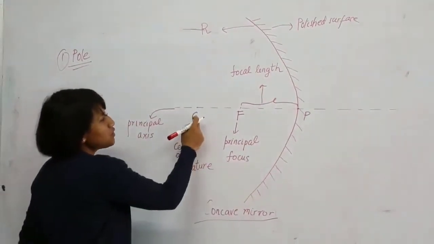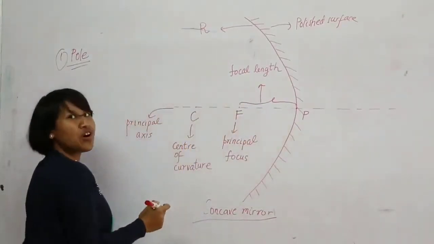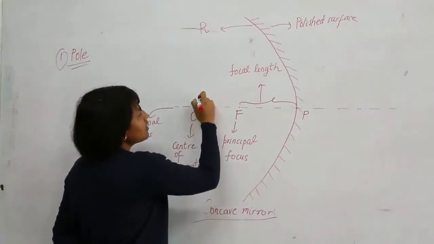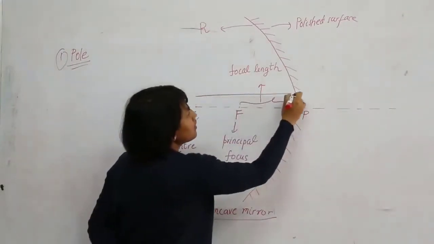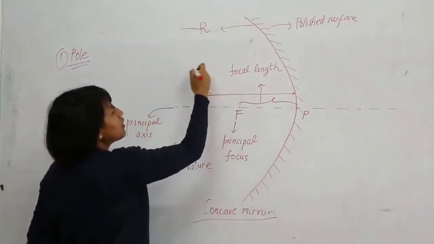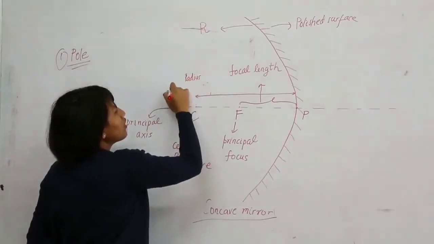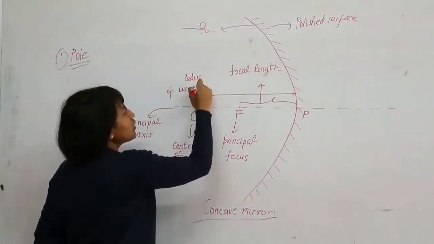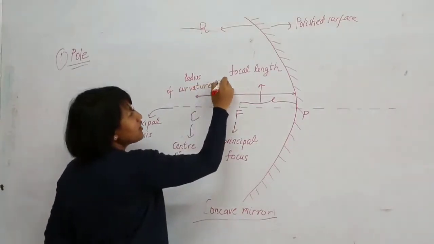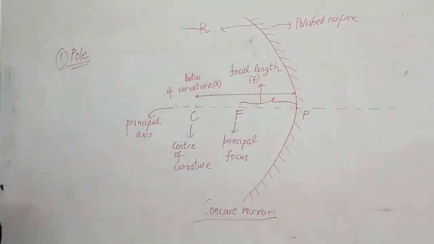However, the distance between the center of curvature and the pole is called the radius of curvature. This distance is the radius of curvature. It is denoted by the letter R, and the focal length is denoted by the small letter f.